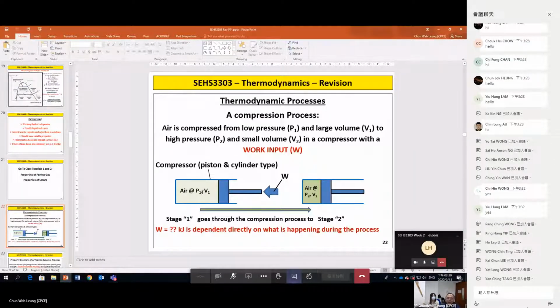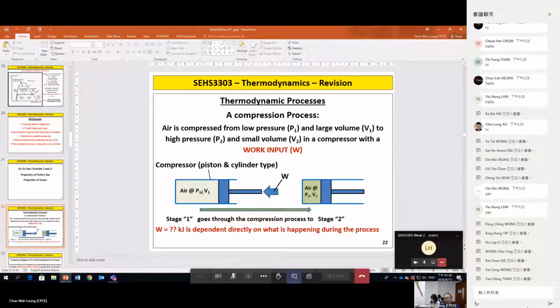Then we need to apply additional work to overcome the loss, not just to compress it from low pressure to high pressure, but also to overcome the losses. In that case, we need to provide a much higher work.